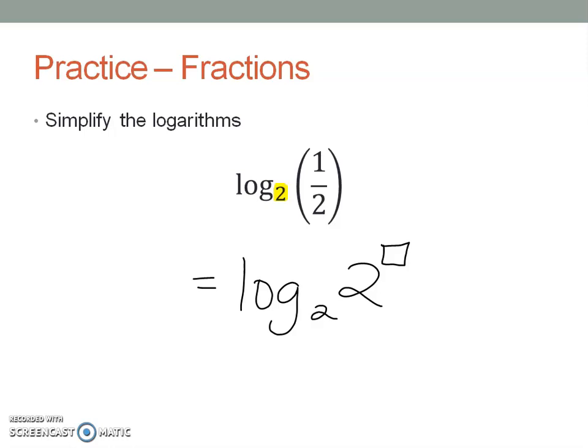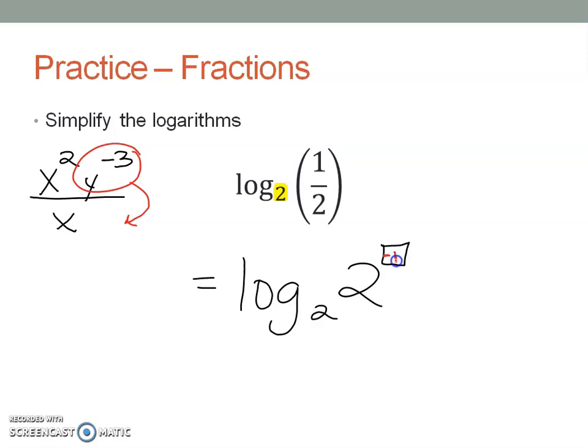Well, if you look back when we were doing lesson 4.1, say I had something like this. Remember, negative exponents cause them to move to the bottom. So what kind of exponents are going to make this 2 get to the bottom? They are going to be negative.